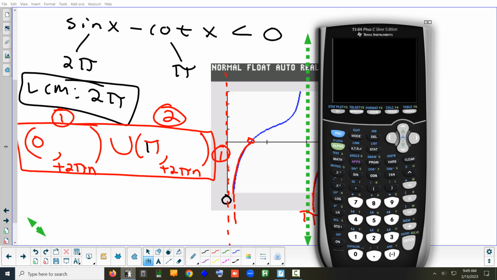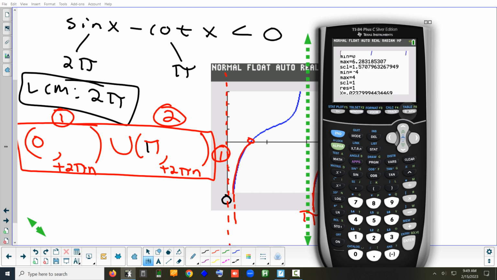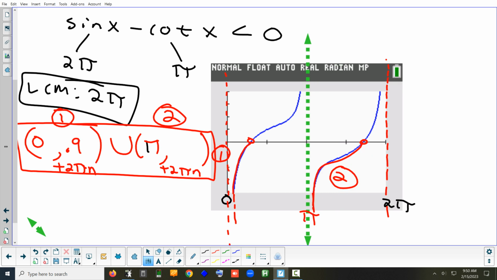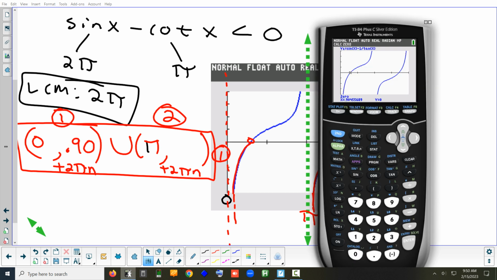Okay, let's figure out these points. All right. So second calc 0. I'm figuring out where interval 1 stops. So it stops when I get to 0.90. And then I need to figure out where interval 2 stops.